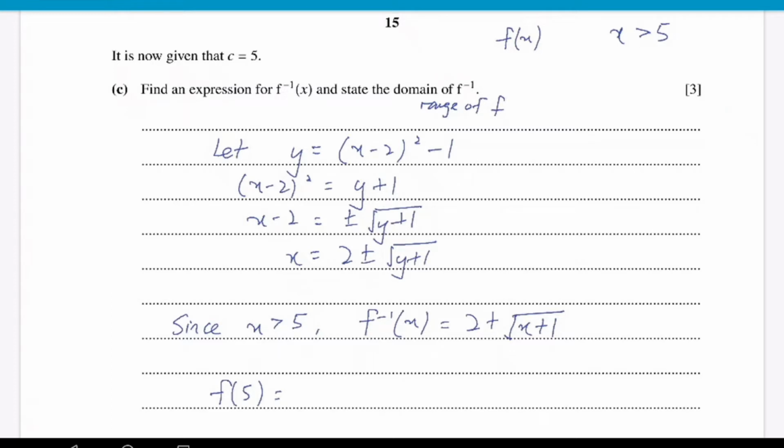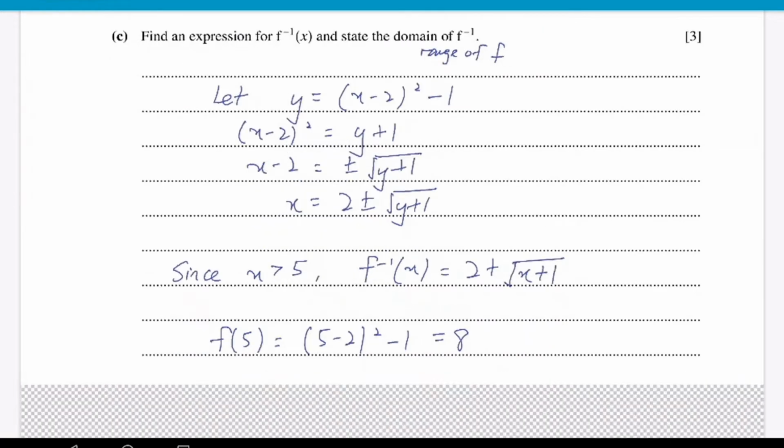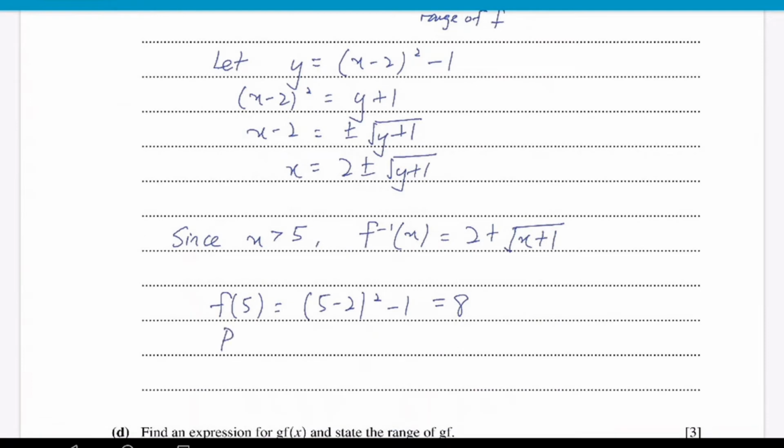We sub in x equals 5, then we will get that f(x) value or the y value here. That is 8. So in this case, the range of f here is f(x) greater than 8 because there is no equal sign there. So this gives us that the domain of f inverse is where x is greater than 8.